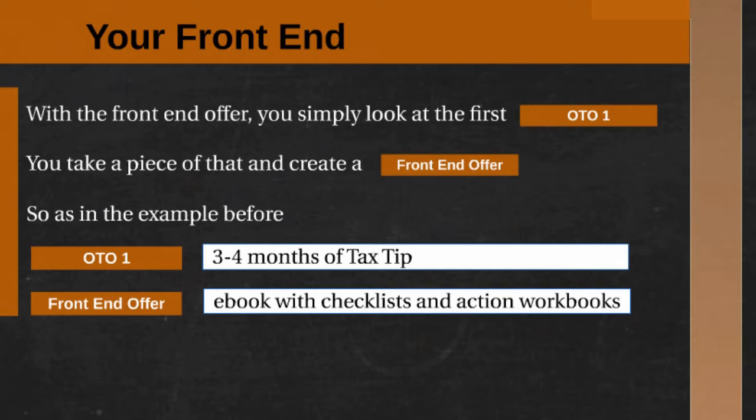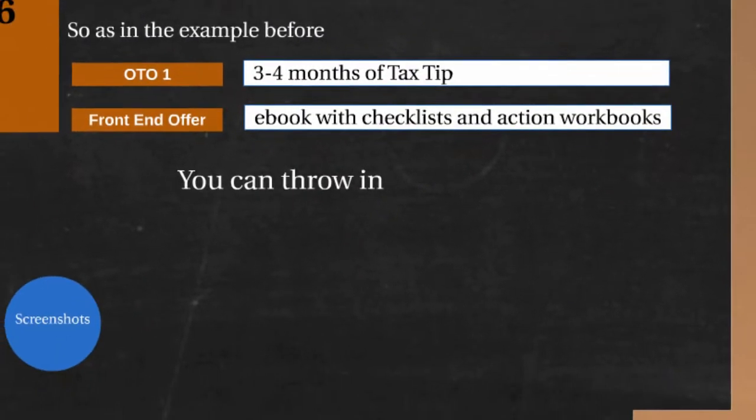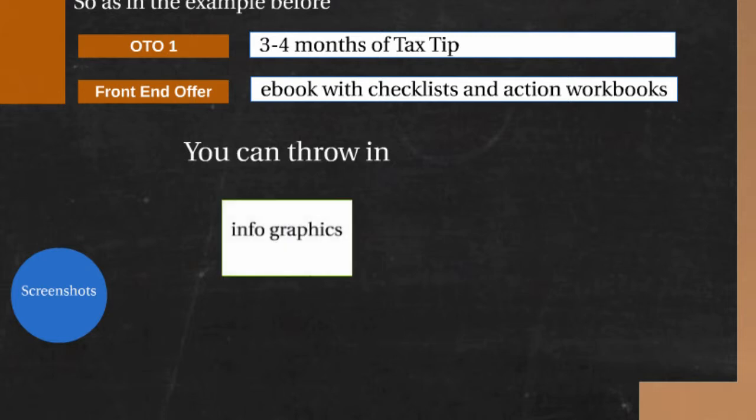Maybe you take a couple of those tips and elaborate upon them, or you can start with a more basic view of how to save taxes in general, or maybe the top 20 things that people forget to deduct during tax time. And once you've done that, you can even expand on it and you can throw in things like screenshots, infographics, images, and other things like that.